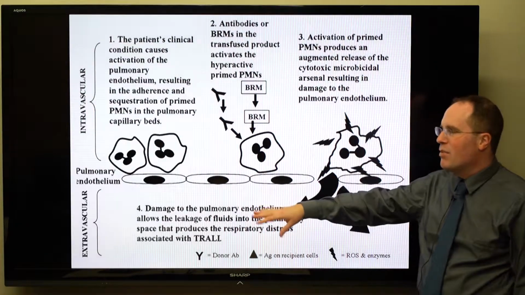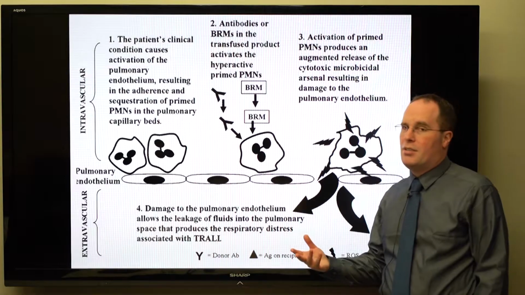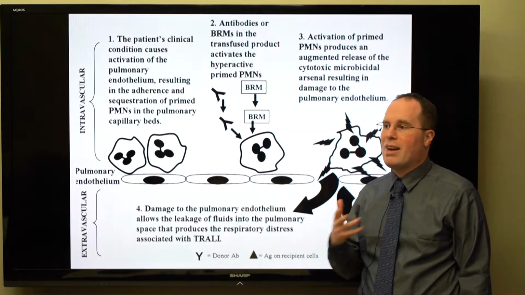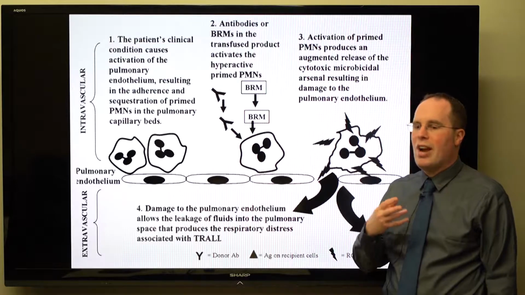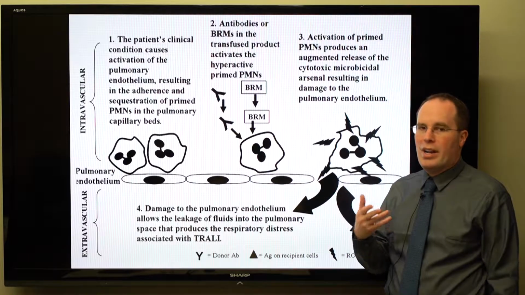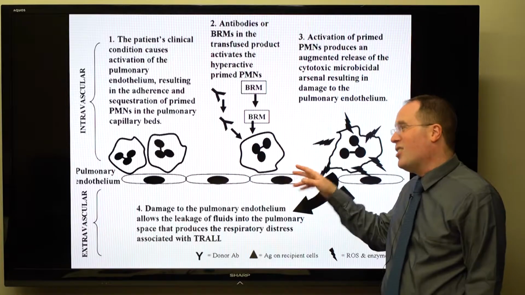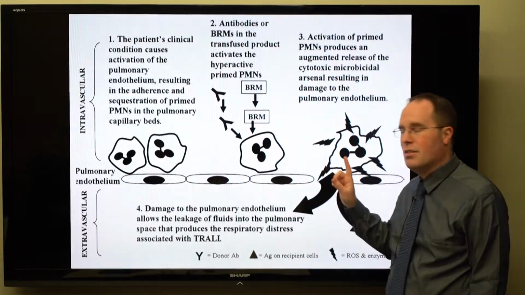So this is different from cardiogenic pulmonary edema, which is just backflow of fluid. The lungs basically drown through indirect flooding as opposed to direct damage that we see here in TRALI.